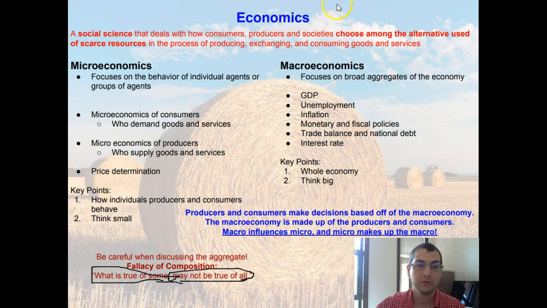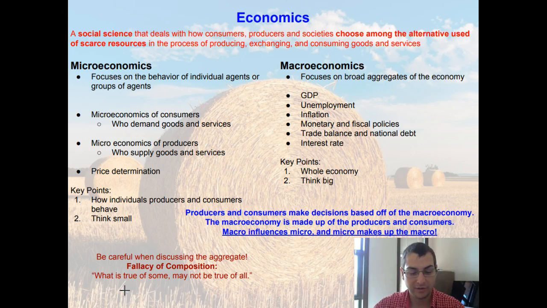So the fallacy of composition says what's true of some may not be true of all. You've got to be careful, because say this farmer could increase their yield by using this piece of equipment, therefore increasing their total revenue, and the prices stay the same, so he makes a higher amount of revenue and profit.